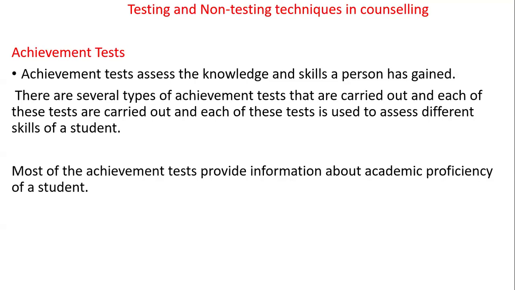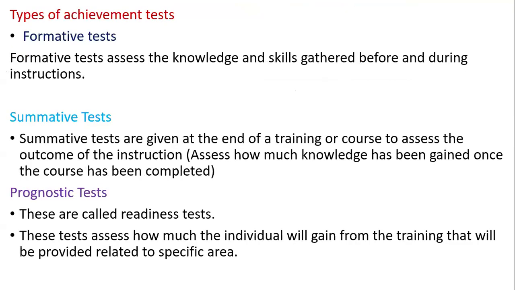Right. Then these are the types of achievement tests: formative tests, summative tests, prognostic tests. I told you formative test means continuous assessments. The teacher conducts some tests to see whether the students have learned, gathered knowledge, and acquired the skills, right?